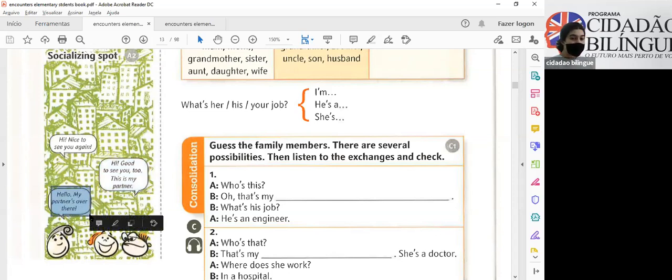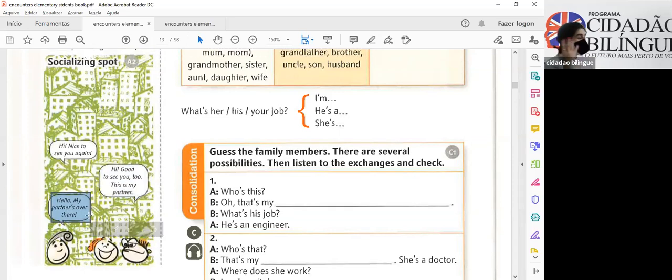Very good, perfect. Okay, so you guys, do you understand the meaning of this dialogue? Nice to see you again. It's like, it's good to see you. It's the same. Nice to see you again means good to see you again. Hi, good to see you too. Good to see you too means nice to see you as well.